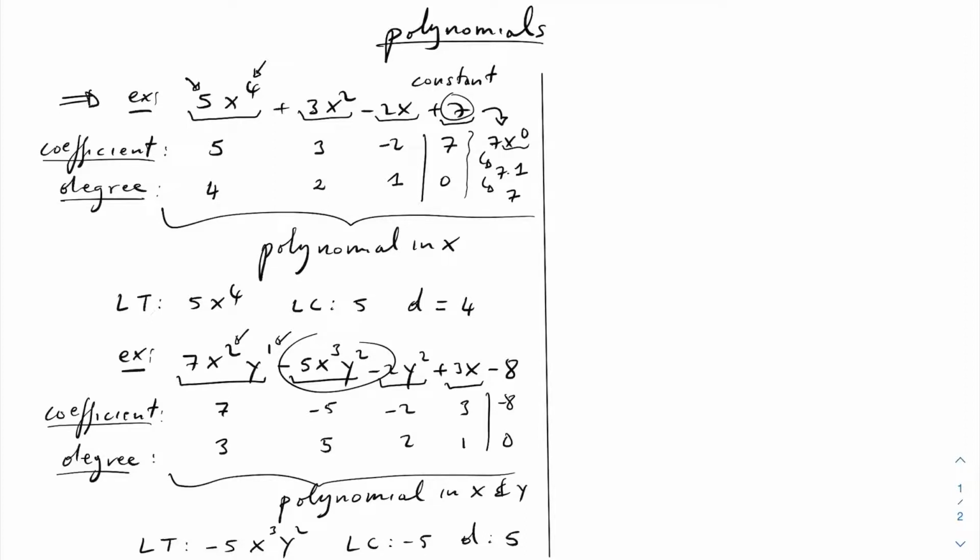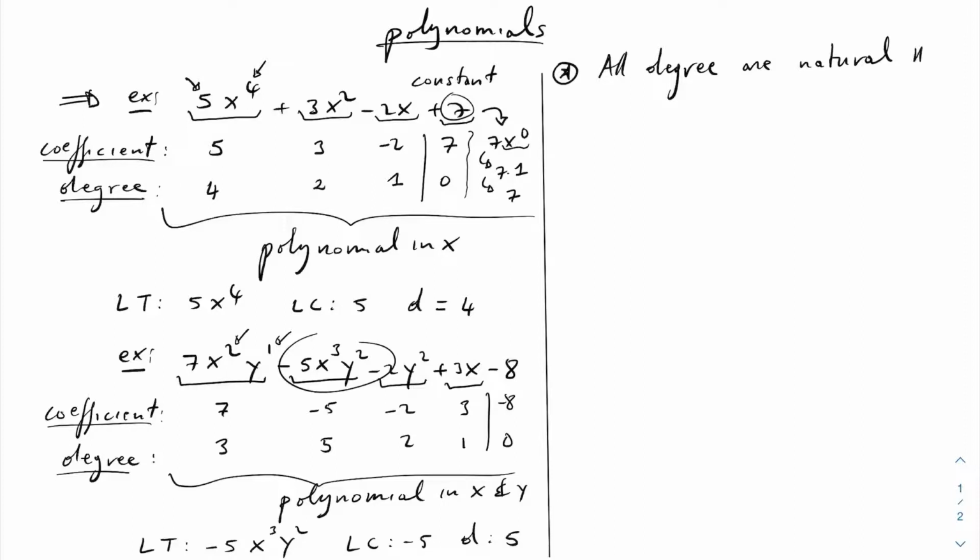All right, so what makes a polynomial a polynomial? The reason why these two are polynomials is simple. It's because all the exponents sitting on top of all the variables individually are natural numbers, and that's all that makes a polynomial.